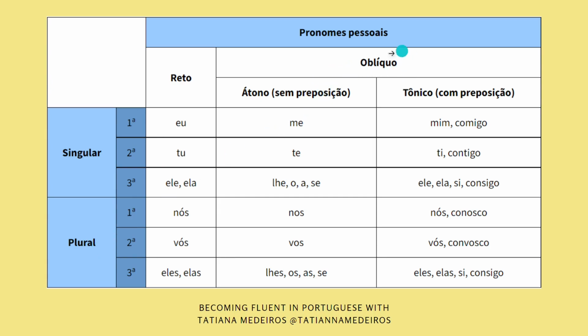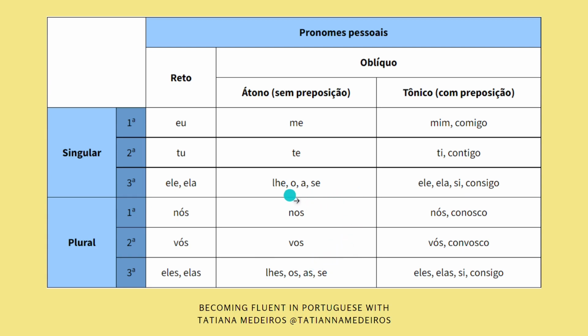And here we have oblíquo, átono, without preposition, sem preposição, tônico, com preposição, with preposition. So we need to use preposition when we are talking about a sentence construction. Me, te, lhe, o, a, se, nós, vós, lhes, os, as, si.